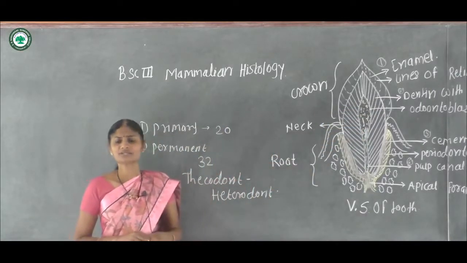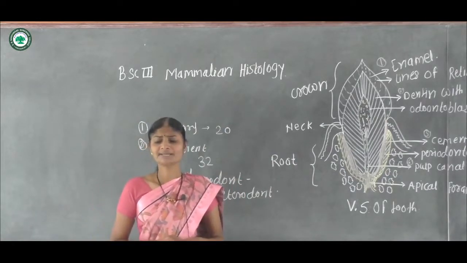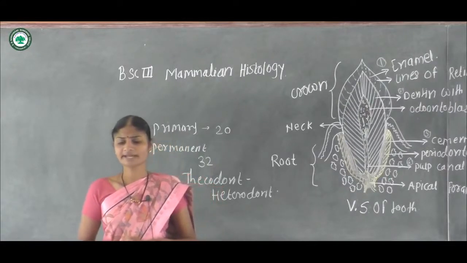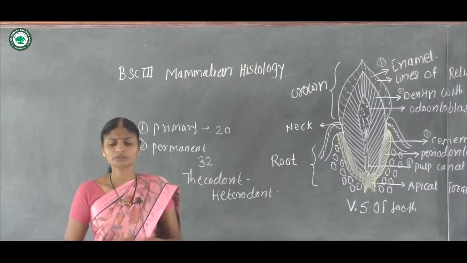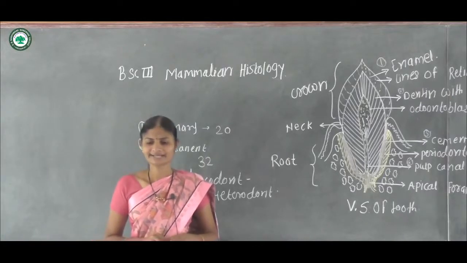Next layer is the cement layer. The cement layer is similar to bone in morphology and composition. It is lighter in color than dentine.